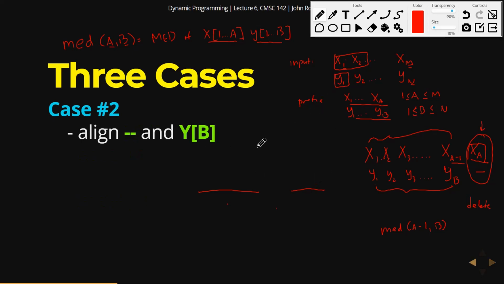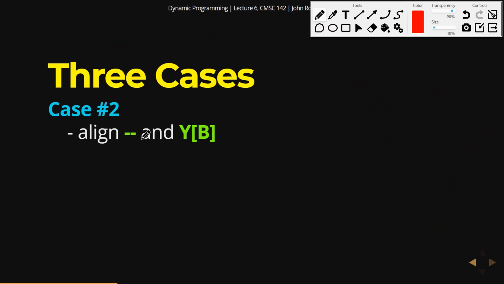Okay? But what if this time it's already blank and yb? If it's blank and yb, it would look like this. So x1, x2, x3, dot, dot, dot, xa, and then there's a blank here.